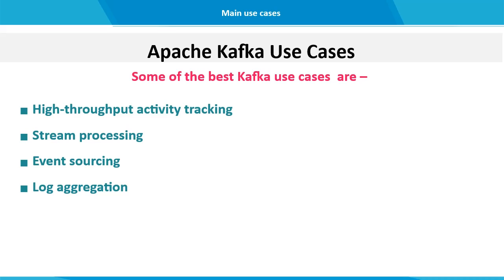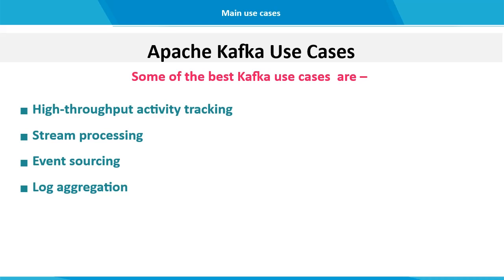Now come to the Kafka use cases. Some of the best Kafka use cases are: number 1, high throughput activity tracking. For example, we can use Kafka to track website activities, capture data from IoT sensors, monitor patients in hospital facilities, or keep track of shipments.